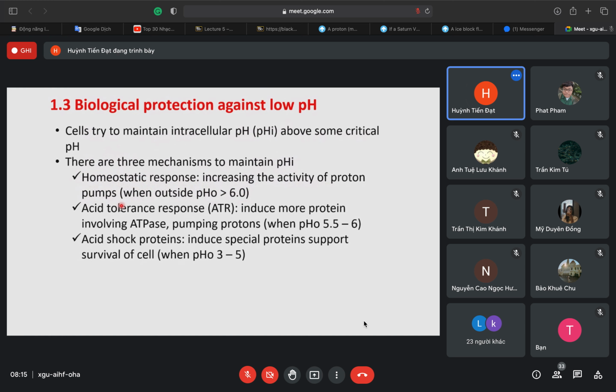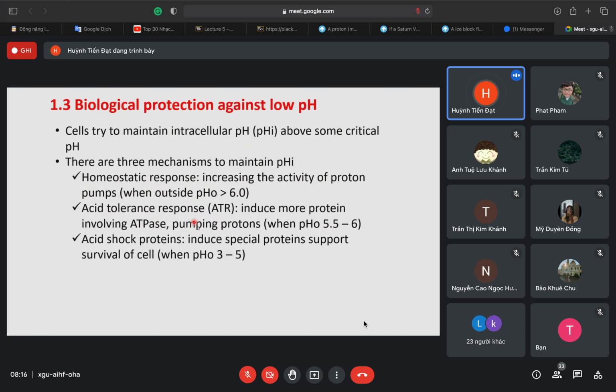Understand, guys? The second one is that they can generate the acid tolerance response, we call that the ATR. They induce more proteins involved in the ATPase. This is also one kind of making ATP, but they are not using it for making ATP, they are using it for pumping the protons, when the outside environment pH ranges from 5.5 to 6.